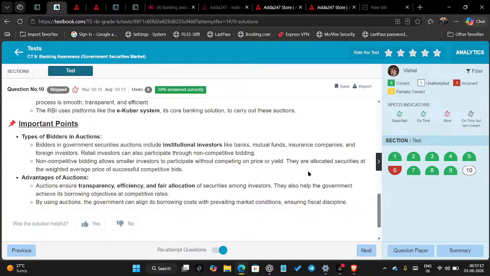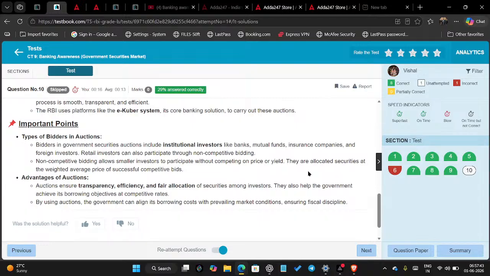Retail investors can also participate through non-competitive bidding. Non-competitive bidding allows smaller investors to participate without quoting a price or yield. They are allocated securities at the weighted average price of successful competitive bids.